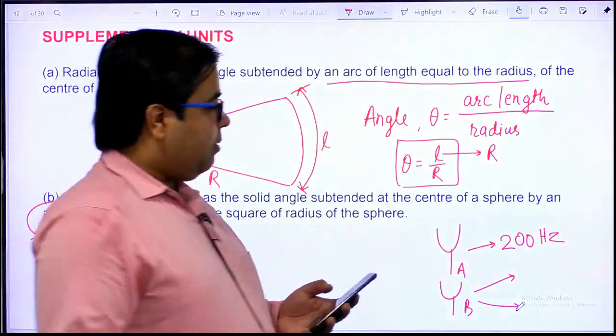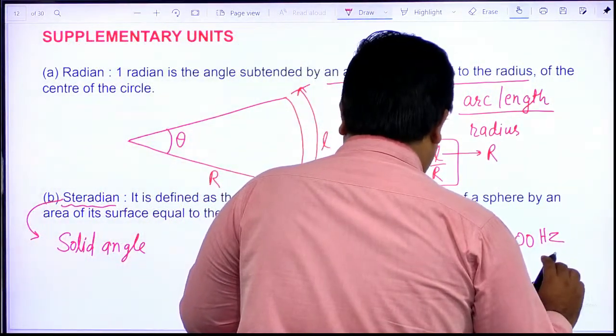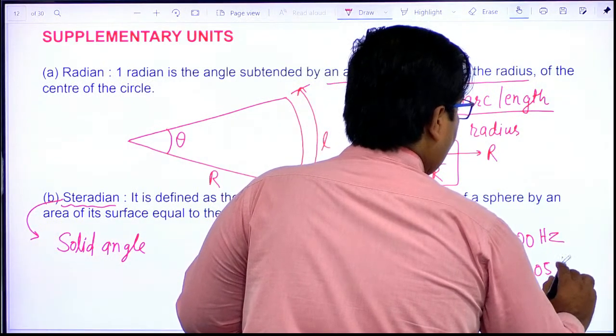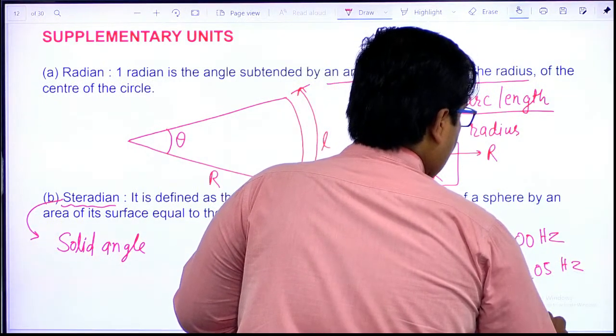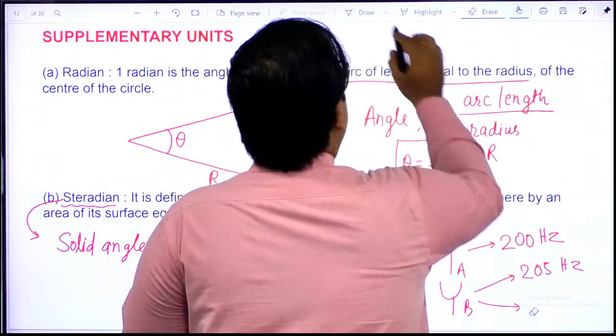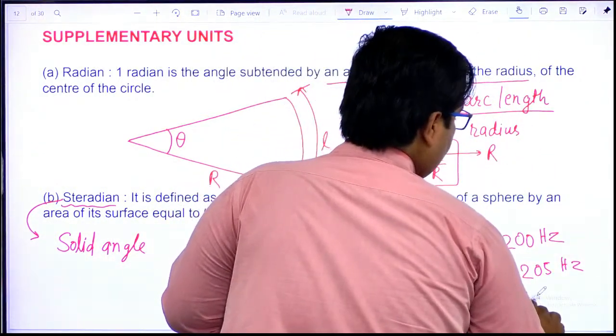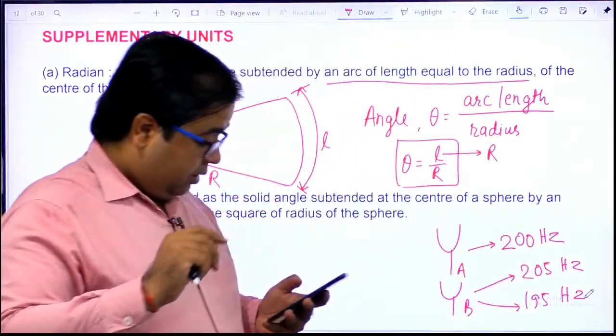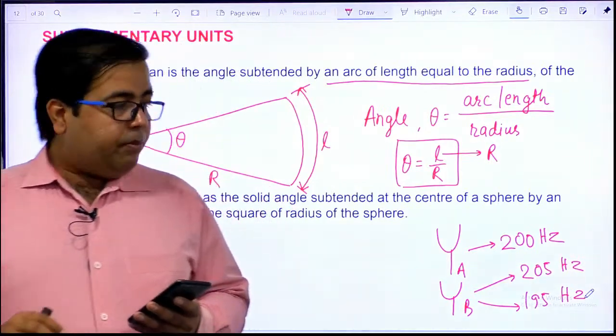As we are getting 5 beats, B may be 205 hertz, or it may be 195 hertz. We don't know which one has more. So in both cases you will get 5 beats.